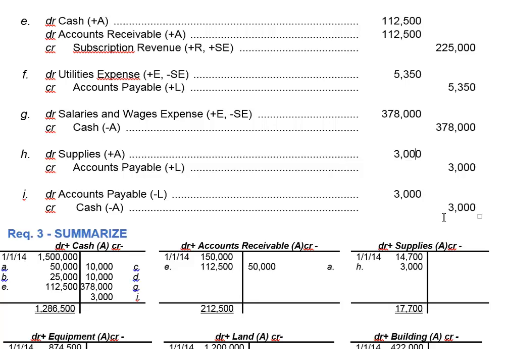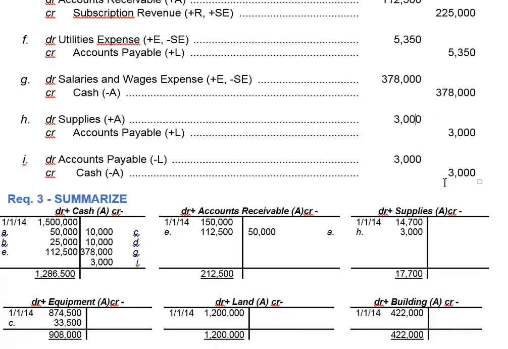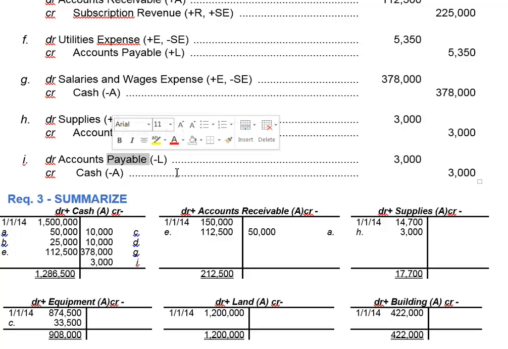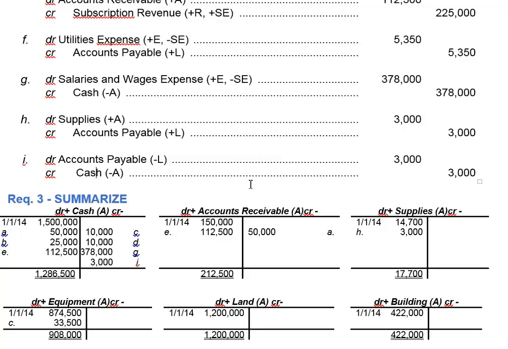The last transaction we have here to record using the debit and credit framework is the fact that some of those supplies that we bought, we now paid the bill. So we paid the bill, we reduced our liability, and we reduced our asset cash.